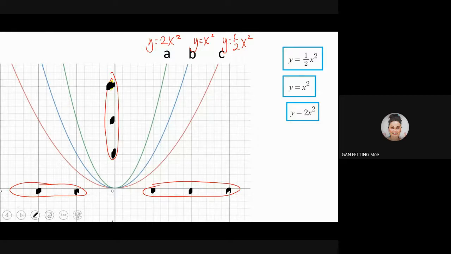Can anyone would like to try to answer this question?